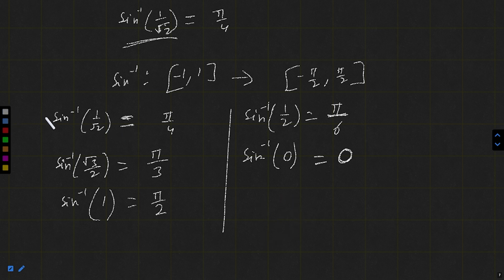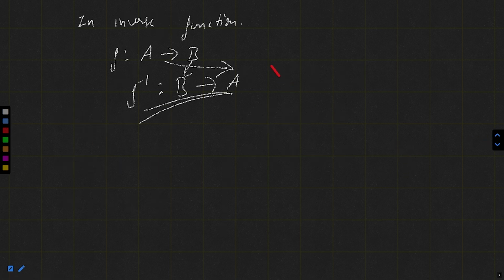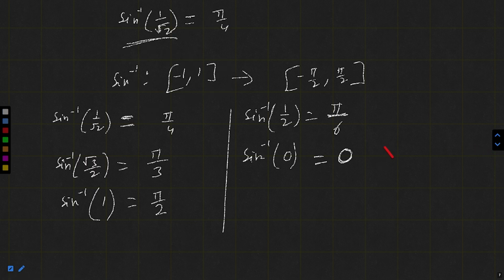Now from this point, can you plot the graph for sine inverse? Let's try to plot the graph. So my graph for sine inverse will be like this.